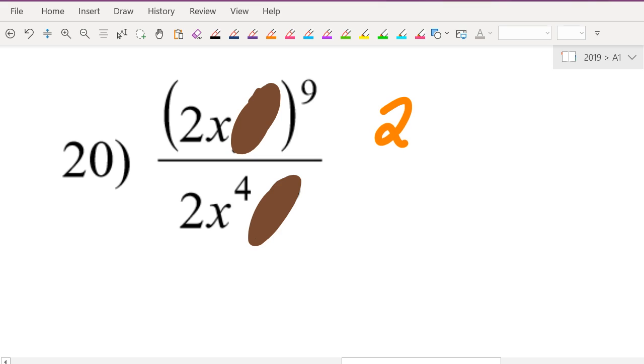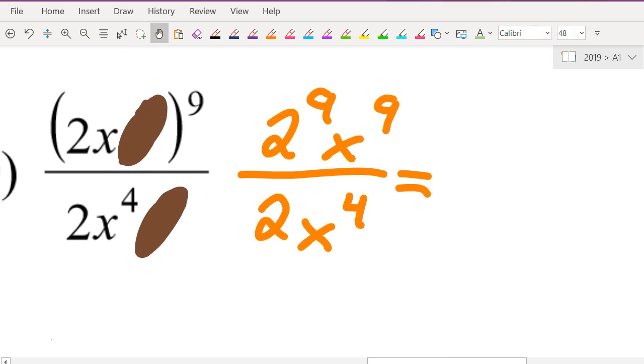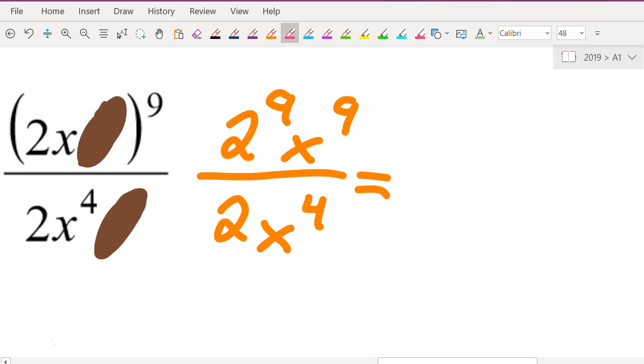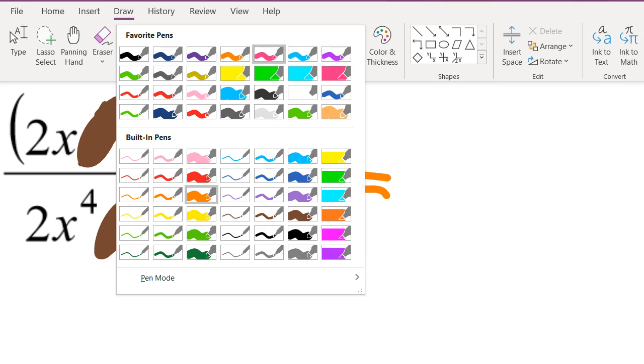I would get 2 to the 9th, and I would get x to the 9th, right? Over 2x to the 4th. So now you see we're going to get a different answer than if you tried to cancel it out beforehand, which you're not really allowed to do.